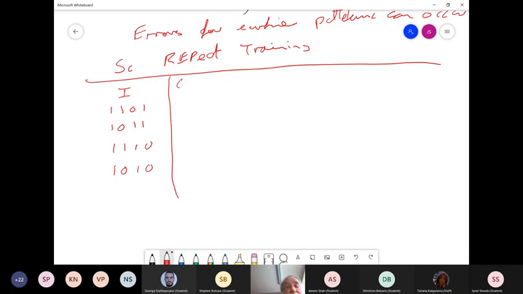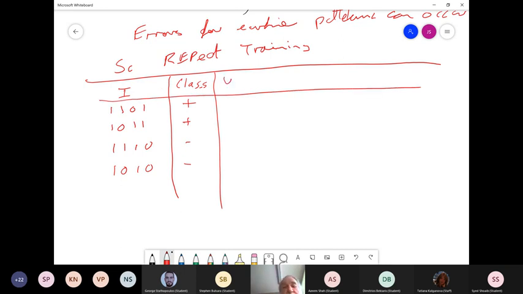The class, same as before, is going to be plus, plus, minus, minus. The scalar product W dot I, we've got to work out. We need whether it's correct or not, the value of C, and the value of the updated weight vector.